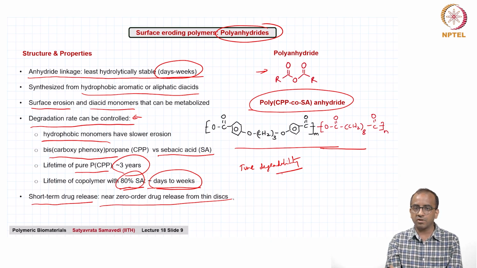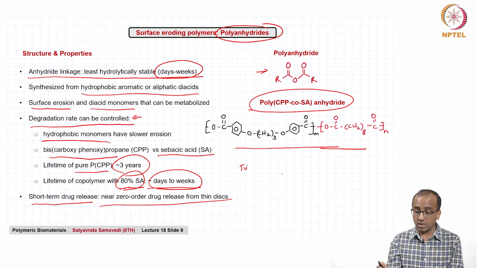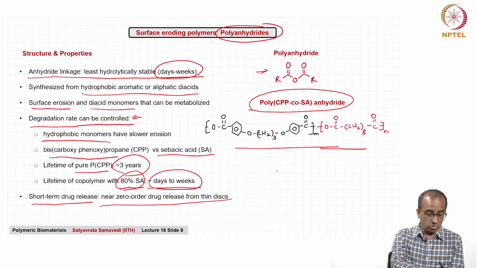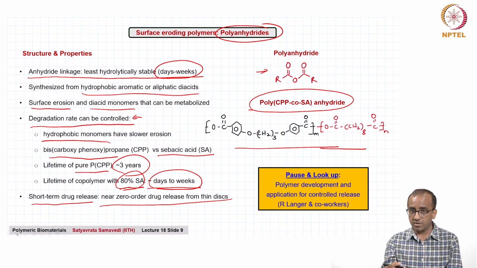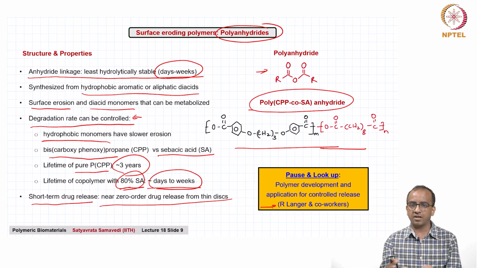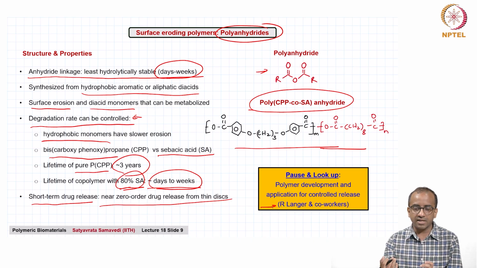One application we are going to see next, but before that, I would encourage you to look up the history of polymer development and application for controlled release in the 80s and 90s, largely due to the work of Professor Robert Langer and co-workers, who developed a series of polymers and tested other polymers for controlled release applications, polyanhydrides being one of them, polyorthoesters, polyesters like PLGA, polylactic acid and so on.